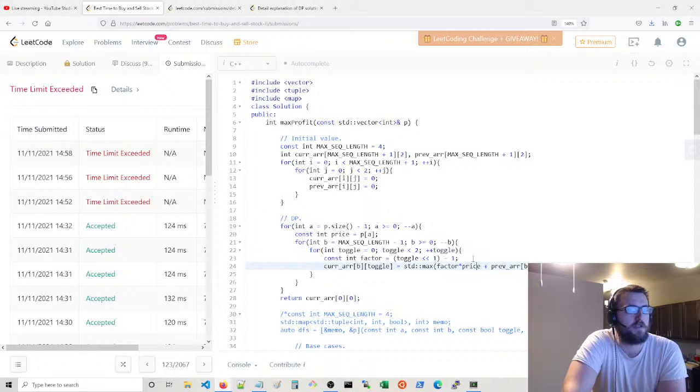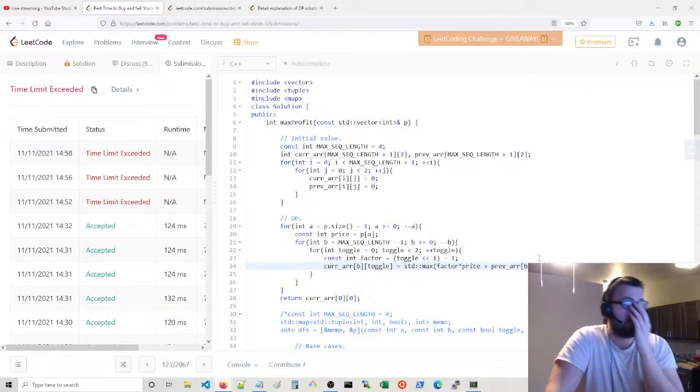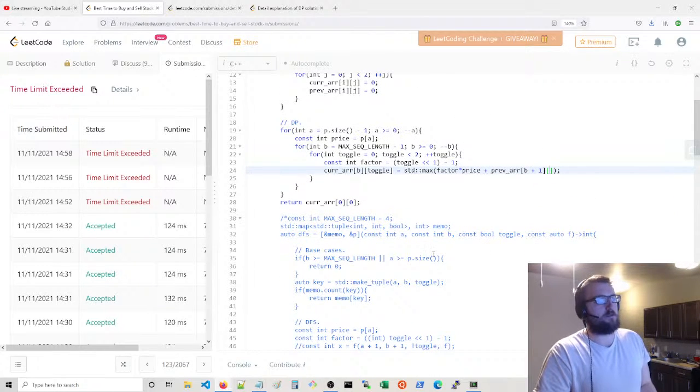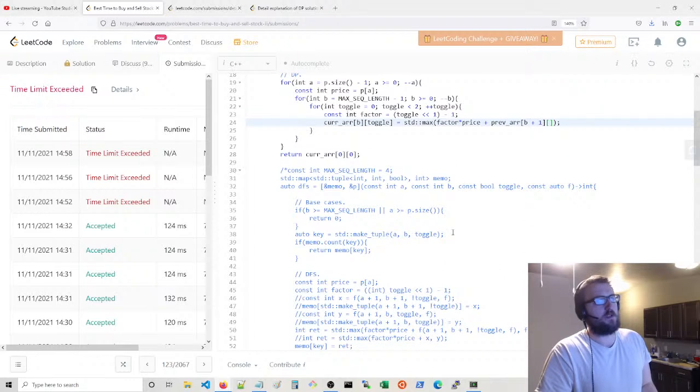Yeah, off the edge is just going to be a 0. So factor times price plus the last thing, which is a 0. That's just always going to be a 0. And then the toggle, we said, so that's the question. Current array of B, how does this work? So we say this is the maximum of that previous array, the next B value, but this is not toggle.